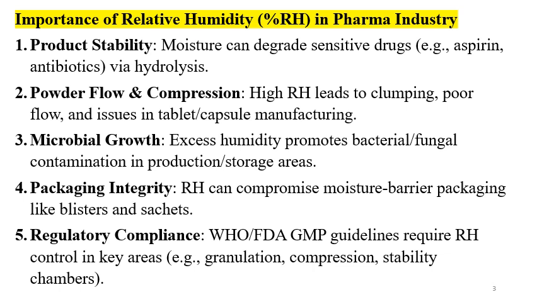WHO, FDA, GMP, EMA, all the guidelines provide specific RH requirements and control in key areas like granulation, compression, and stability chambers. During transport also, the temperature is controlled. In the manufacturing, the temperature and humidity are required to be controlled. In the stability areas, the humidity should be controlled.